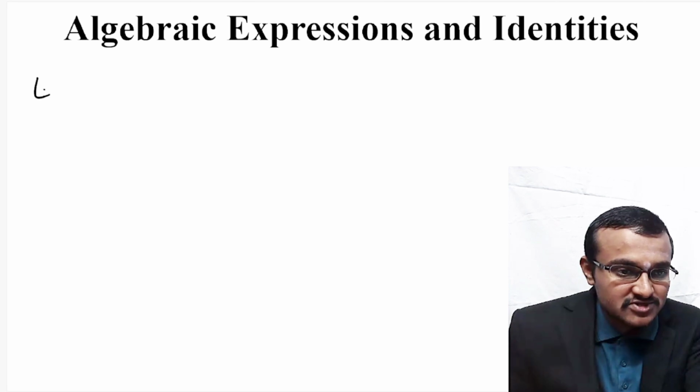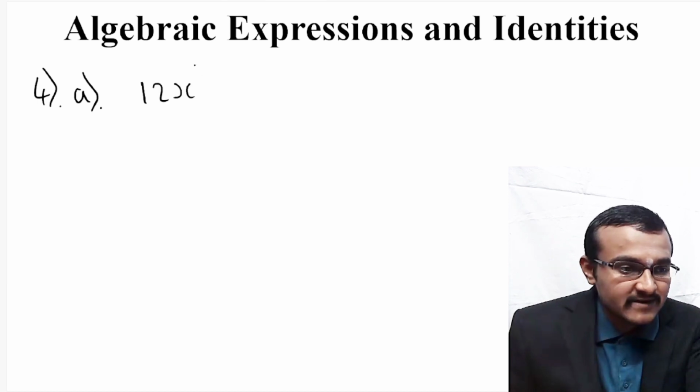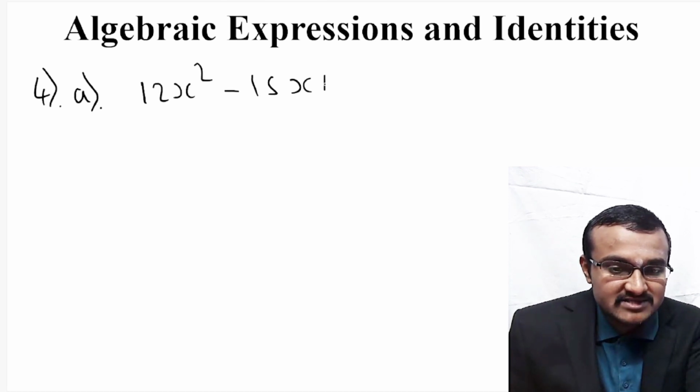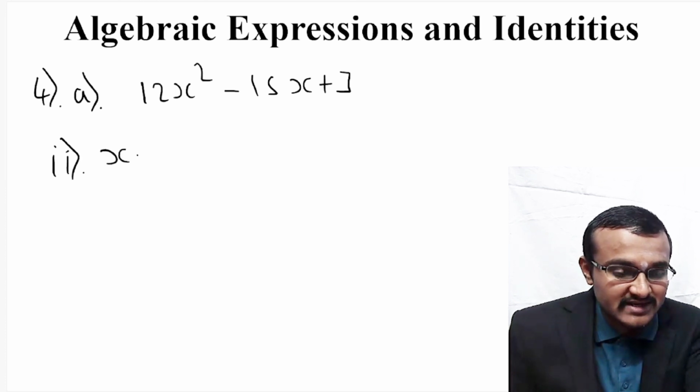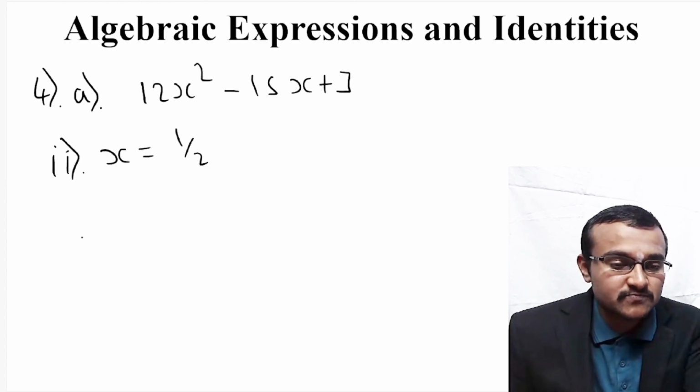In the second question, in the same fourth question, A question, so after solving algebraic expression, you have got 12x square minus 15x plus 3 as your answer. So here in the second question in this particular A question, they have given x as 1 by 2.